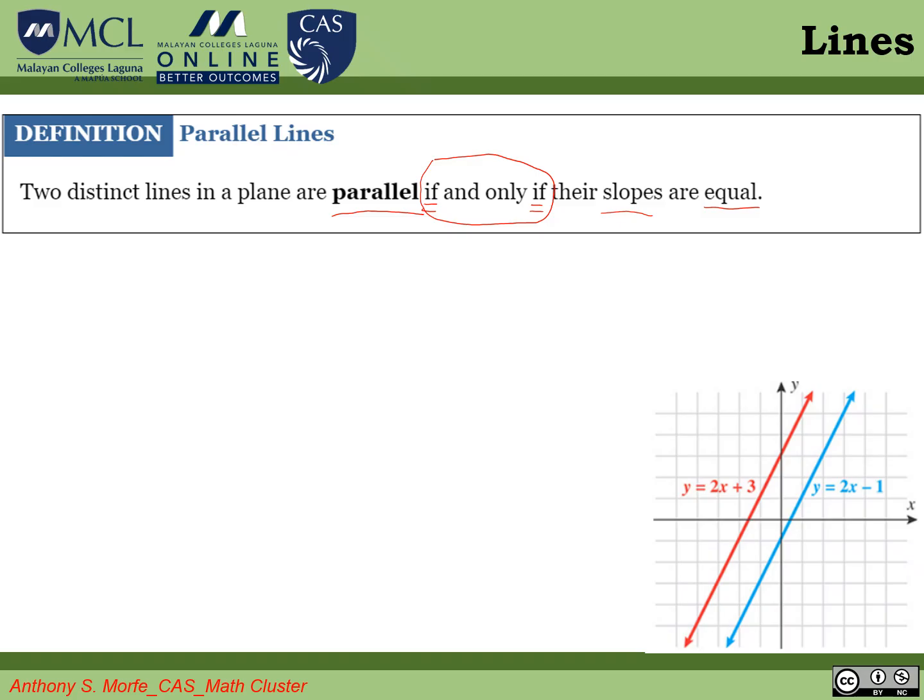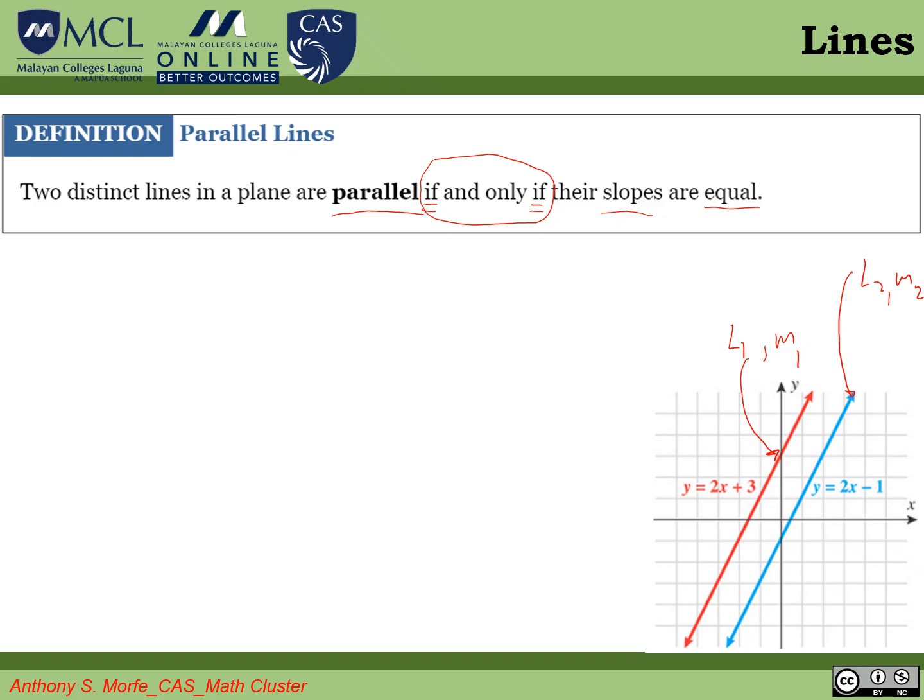Okay, so that's how easy it is. If we are asked to determine whether the lines are parallel or not, we simply look at their slopes. For example, this line, if we call it line 1 or L1, the corresponding slope is m1. If this is our line 2, the corresponding slope is m2.